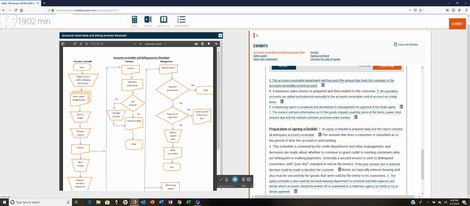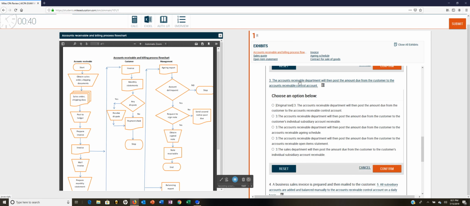The accounts receivable department will then post the amount due from the customer to the account receivable control account. Again, if you are familiar with the flow chart from our book, you do know that the accounts receivable department is going to post the amount due to the subsidiary account.